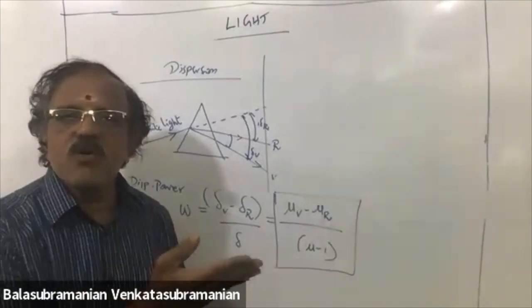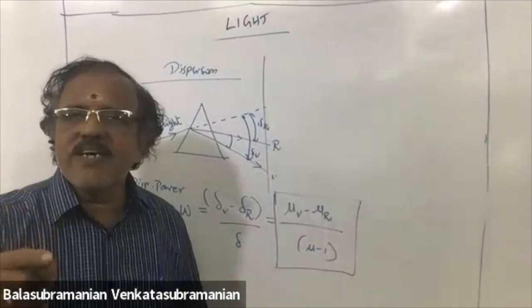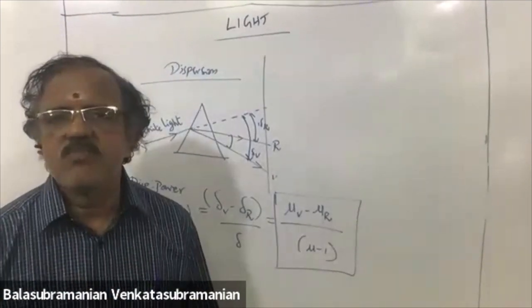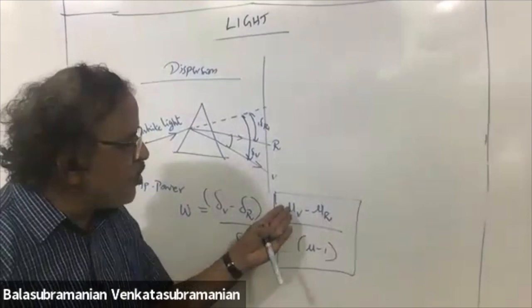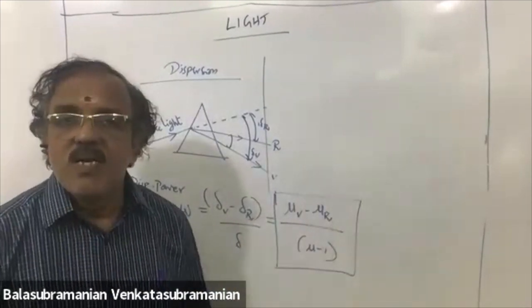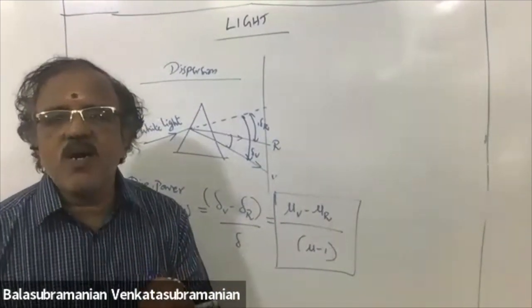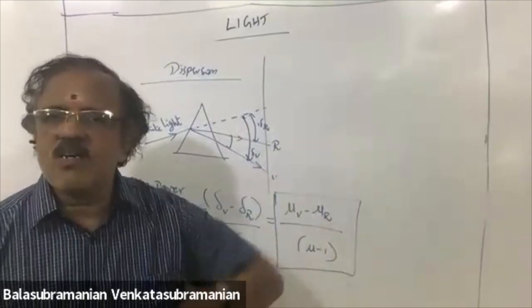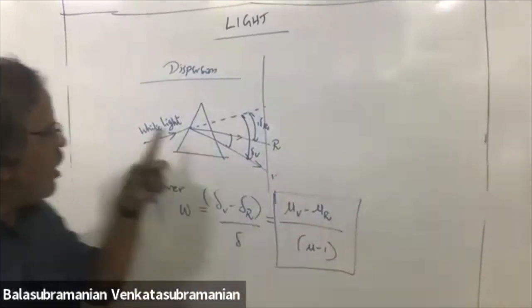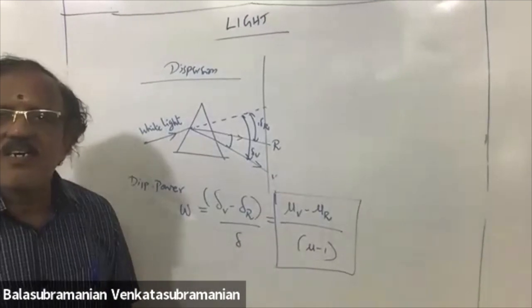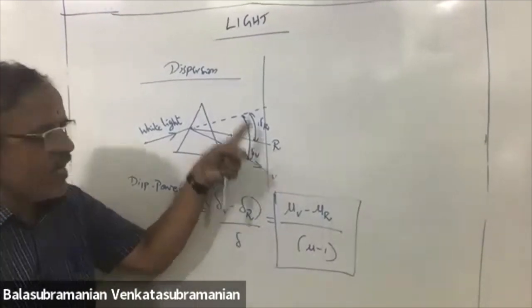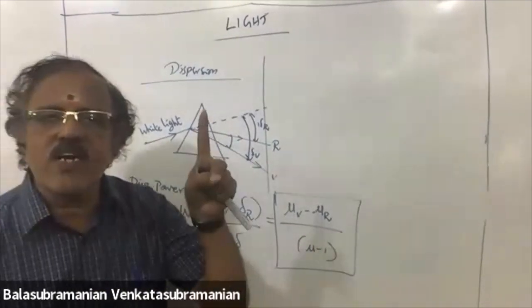Sir, that time you told refractive index is a constant. Then how come you are getting mu V and mu R here? Refractive index formula is what? Sin i by sin r. Angle of incidence is fixed, whereas angle of refraction differs for different colors.